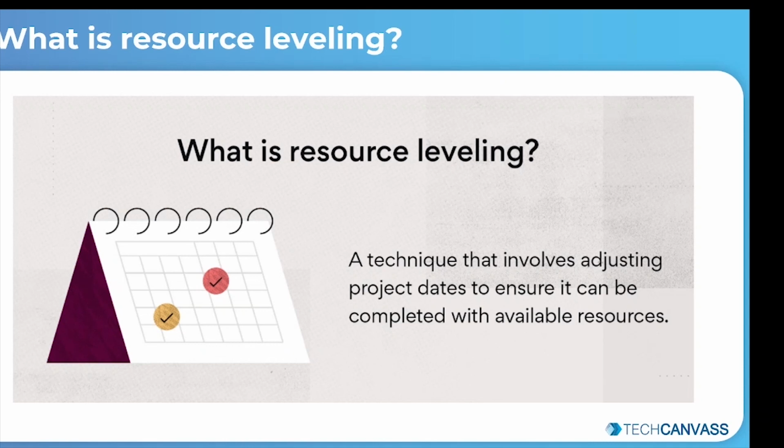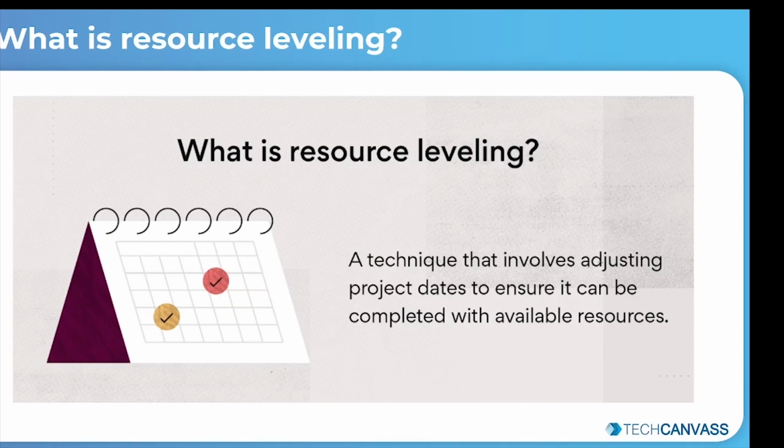So, what is resource leveling? Resource leveling is a project management technique that involves resolving over allocation or scheduling conflicts to ensure a project can be completed with the available resources. Resources include the time, materials, or tools needed to complete a project.